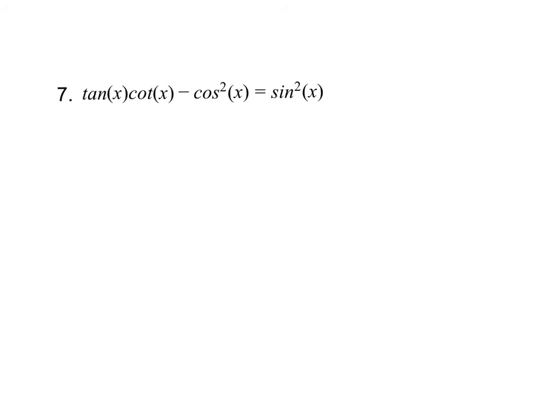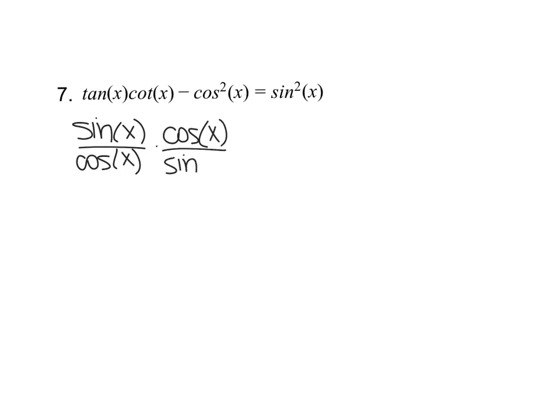So next example, tangent of x times cotangent of x minus cosine squared of x. So I'm going to rewrite the tangent as sine of x over cosine of x times, and then cotangent of x is going to be cosine of x over sine of x, minus, and I'm actually going to leave the cosine squared of x alone for now. I could use a Pythagorean identity to rewrite it as 1 minus sine squared of x, but that may actually mean more work for me in the end.